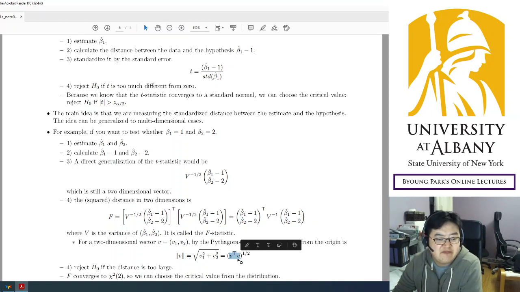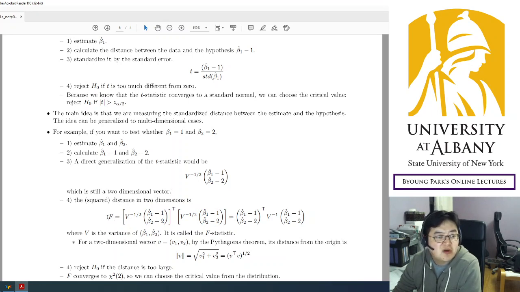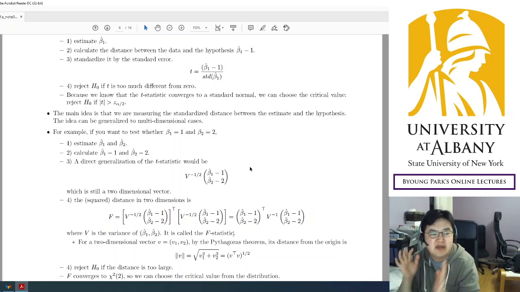So this one, v prime v, is this part. So F is the squared distance. Squared distance, I do not take the exponent of 1/2. So this is the squared distance between your data and your hypothesis.